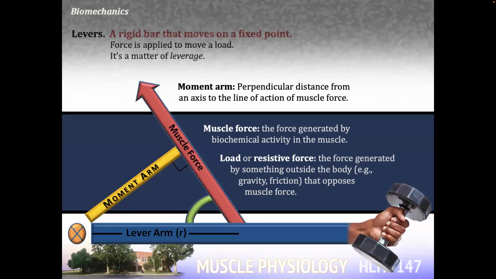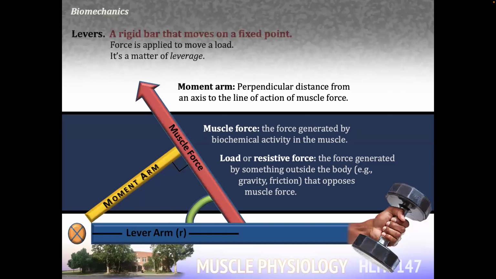So the lever arm is your forearm bone, the radius. The load or the resistive force, that would be the dumbbell in the hand. And then the muscle force would be the force generated by the biceps brachii, the force generated by the muscle from its insertion pulling toward its origin.